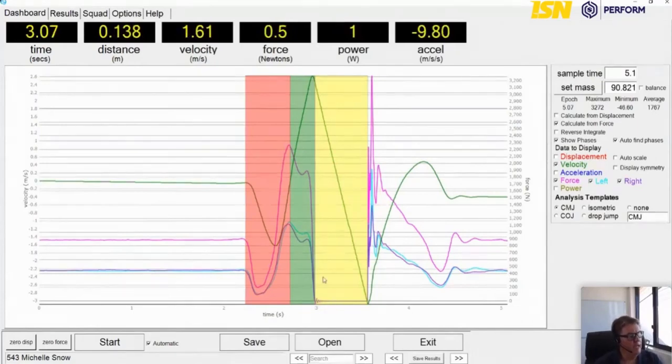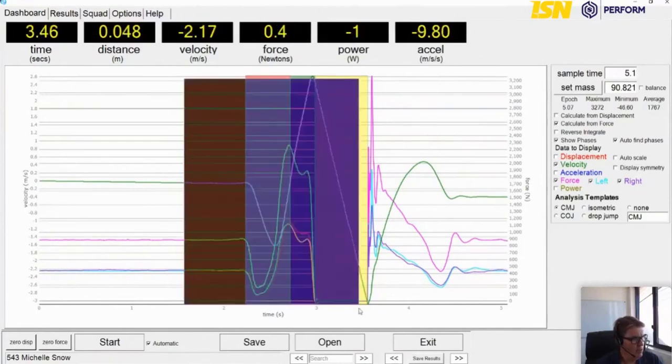So here we have a typical counter movement jump, and just zoom in a little bit so you can see it a little bit clearer.